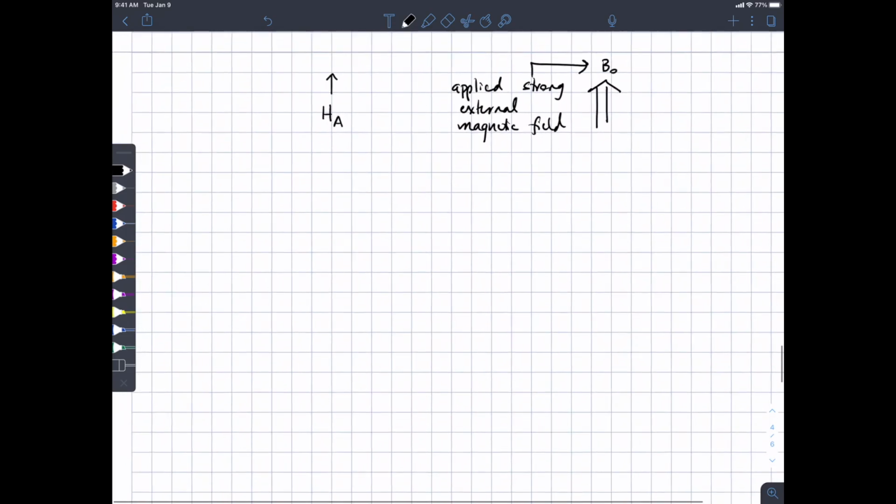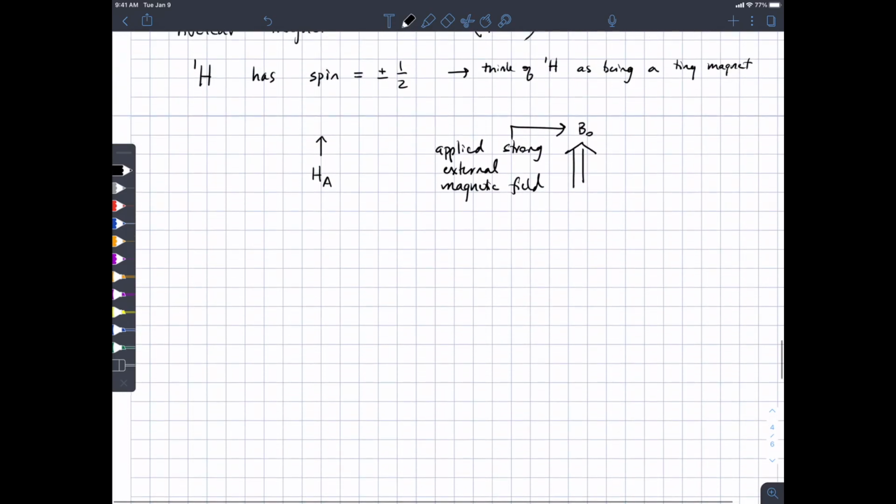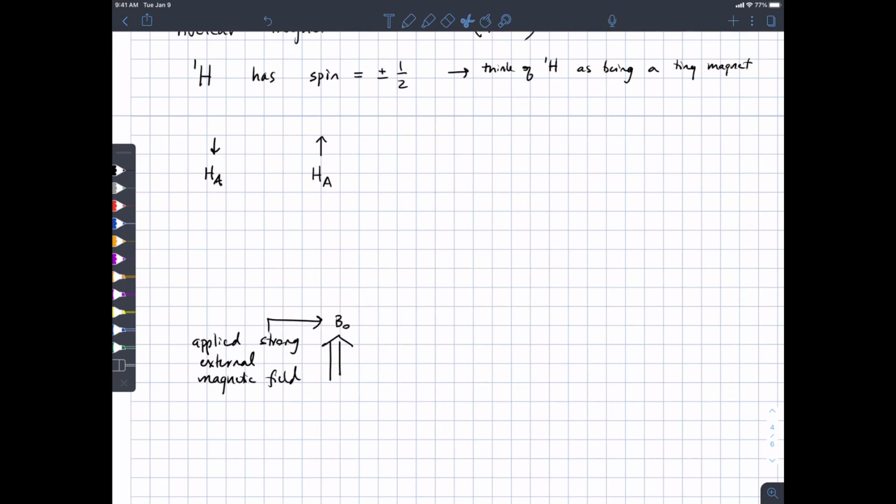When you add that magnetic field, you suddenly create a difference in energy for that hydrogen atom depending on the way it's oriented, okay? So if a proton can have up spin versus down spin, without a magnetic field, up spin versus down spin states are equal in energy.